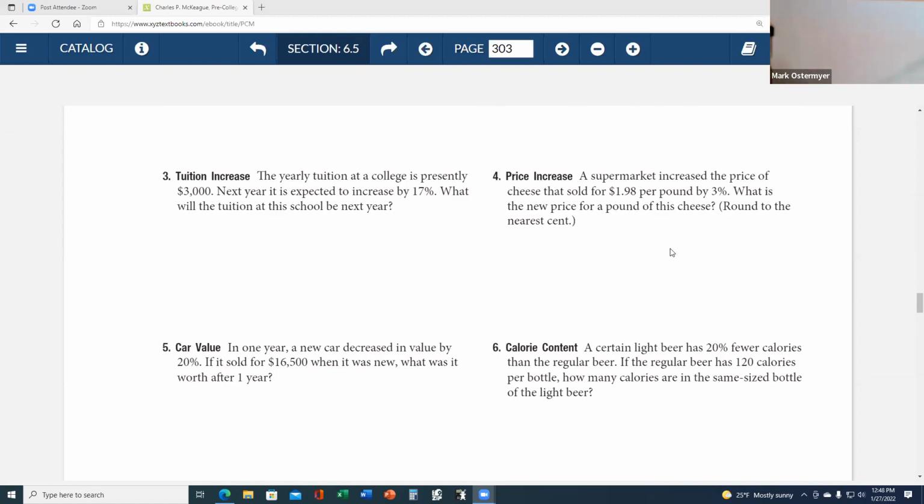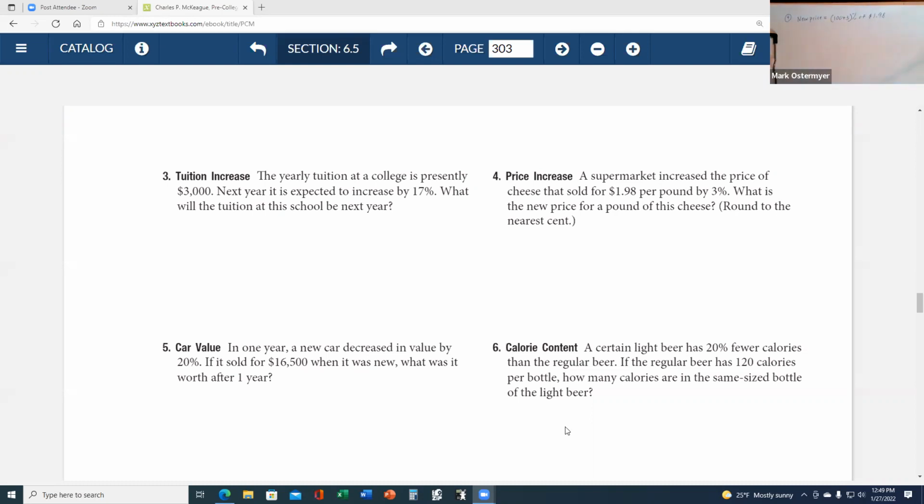Well, for problem number 4, the new price is going to be equal to what? Is it going to be 100 plus 3% or 100 minus 3%? Plus. 100 plus 3%. It's an increase. So the new price is going to be 103% of the old price, which is $1.98.